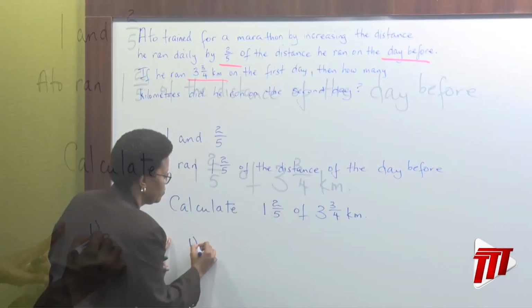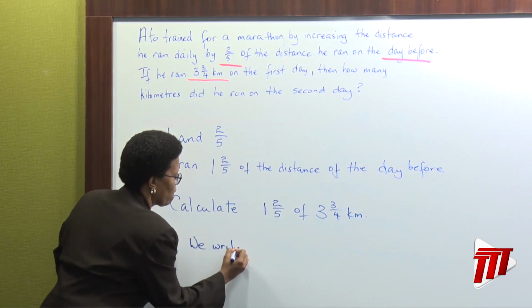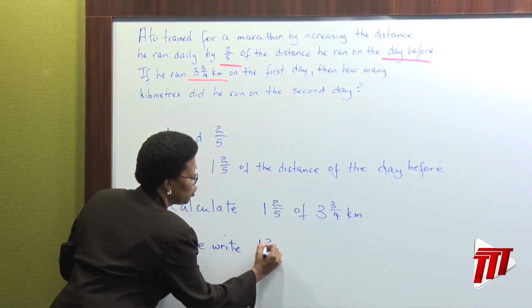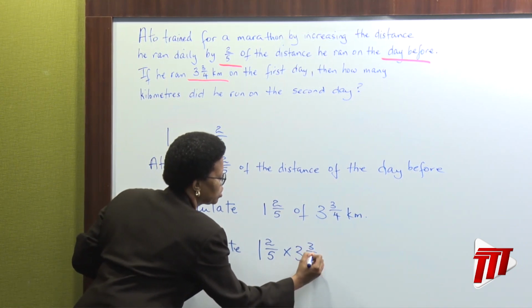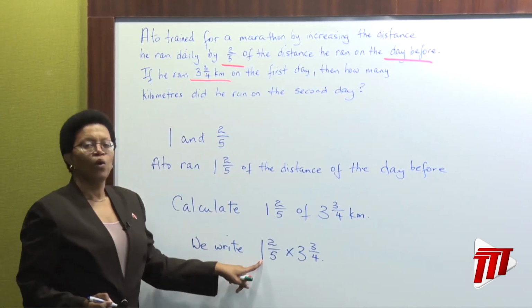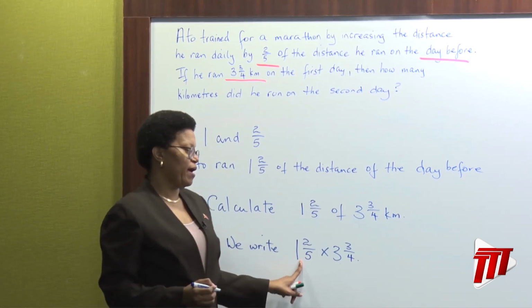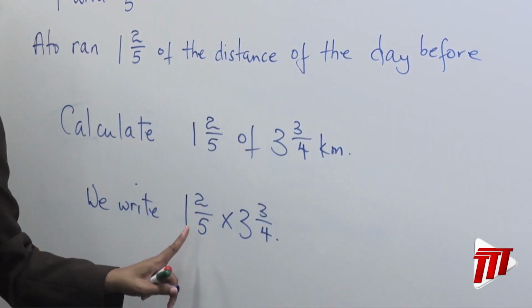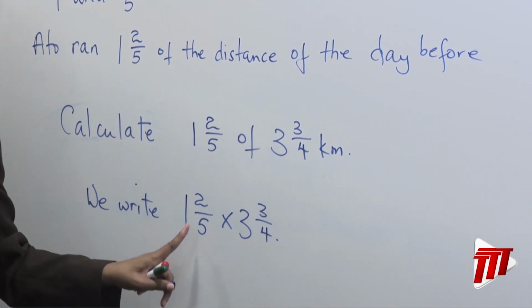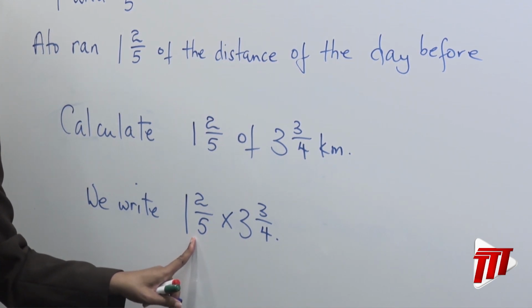We write 1 2/5 multiplied by 3 3/4. We are going to multiply two mixed numbers, but we can convert our mixed numbers to fractions.